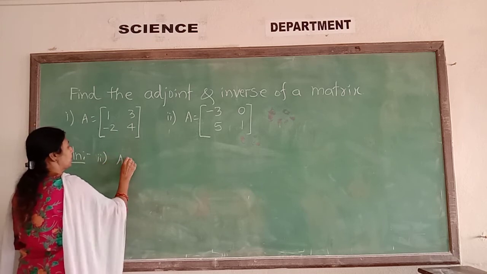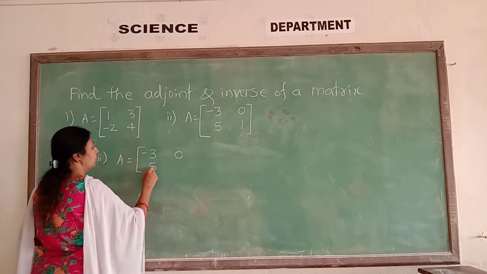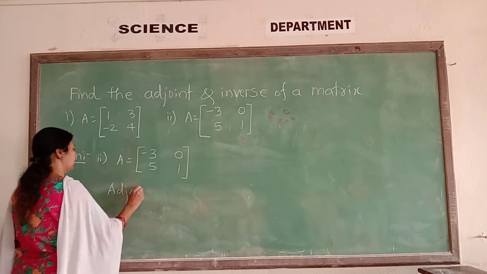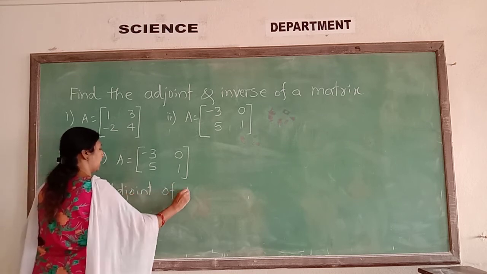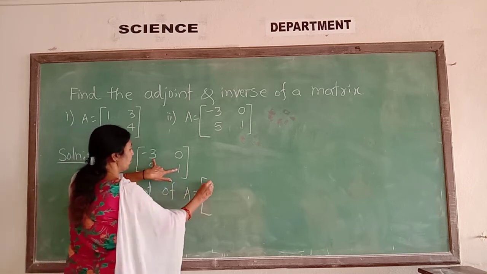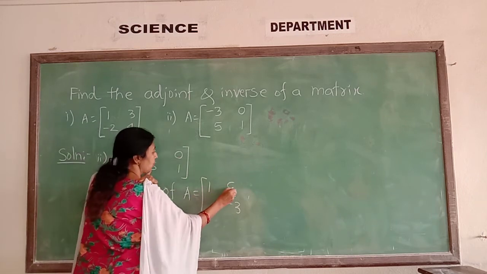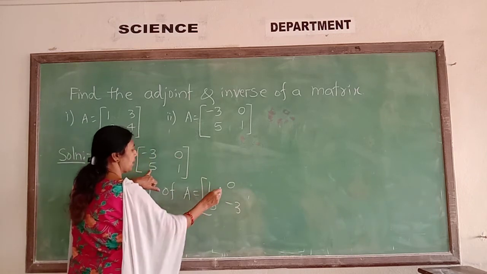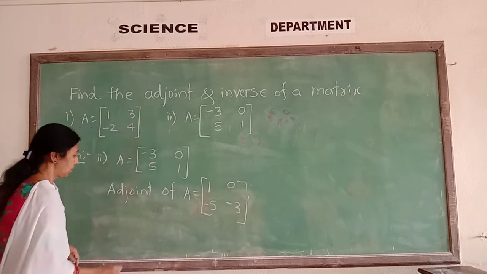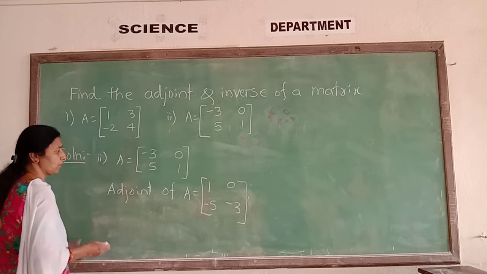I am directly going to write minus 3, 0, 5, 1 as the adjoint of A. For the given matrix A, what you have to do? Change it. This one goes here, minus 3 comes here. And you only have to change the sign. 0 and 5 as they are, but you have to change the sign. This plus will become minus. For 0 you need not change the sign. This is the adjoint. Directly, a one-step answer.